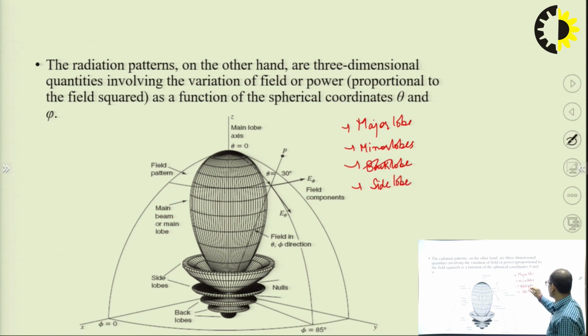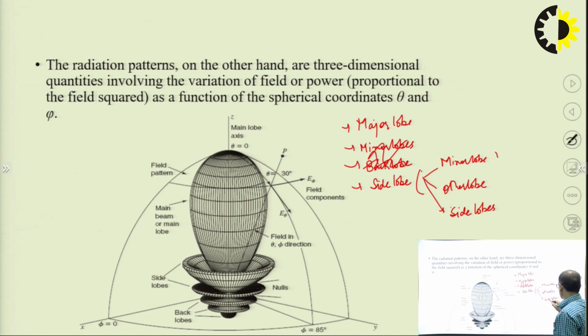These are the side lobes, major lobe and side lobes. These side lobes consist of minor lobe, other lobes, and the back lobe. Clear?